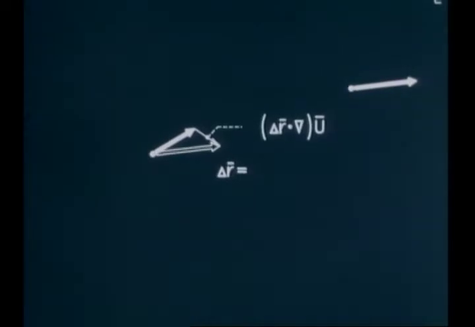The total change when it arrives at the right-hand point, a vector distance delta r away after a time delta t, can be written as the vector distance traveled times the gradient of the velocity. The distance traveled is just the time difference times the velocity.